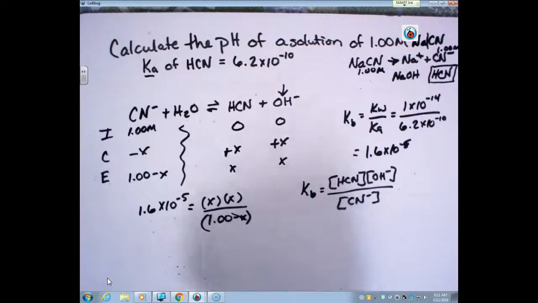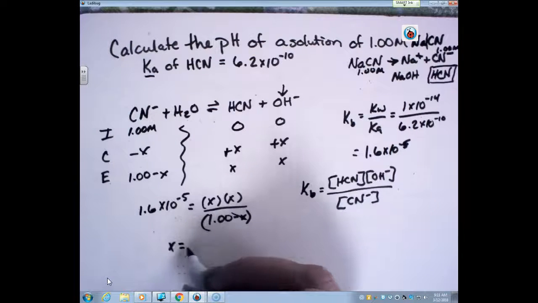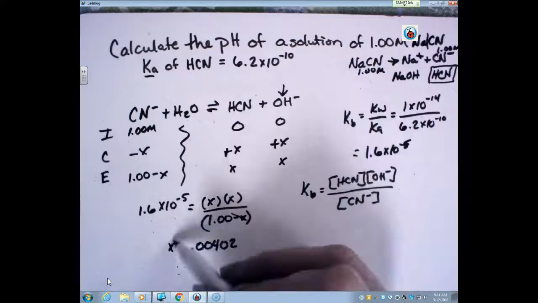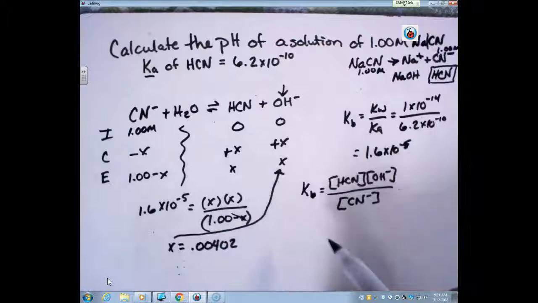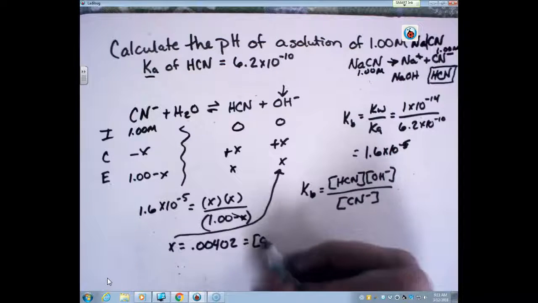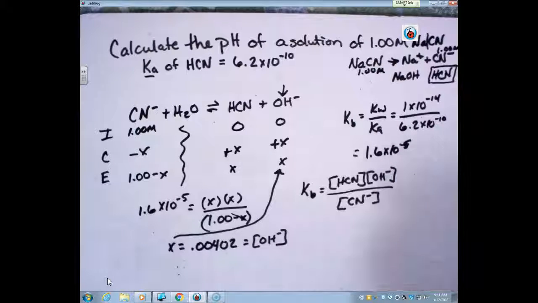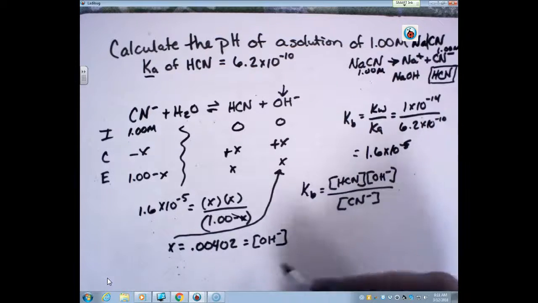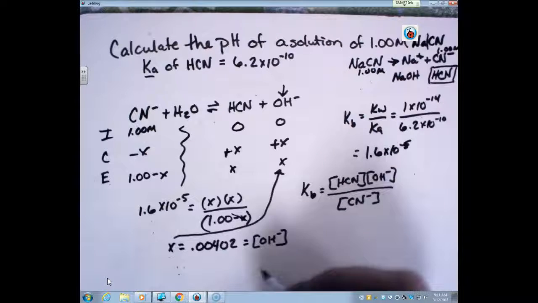And I'm going to end up with x equal to 0.00402. x is my hydroxide ion concentration. So now I can find my pH. First I have to find my pOH, and then I can subtract my pOH from 14 to get my pH.